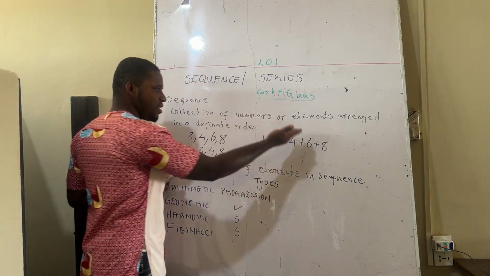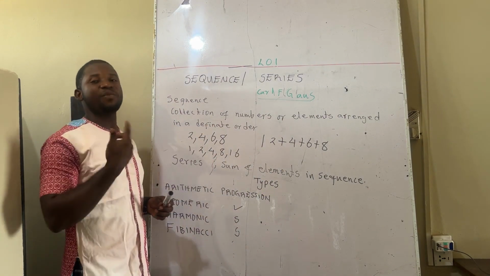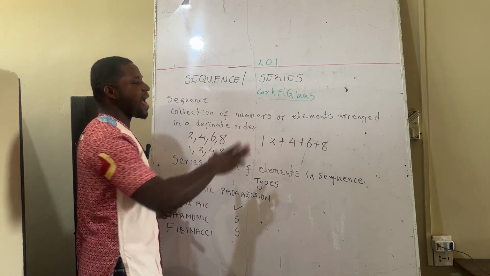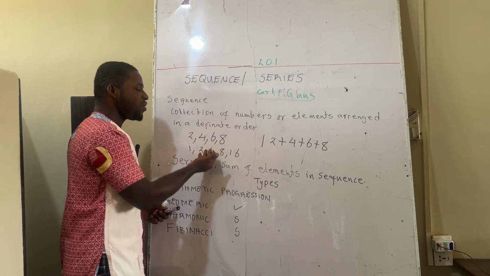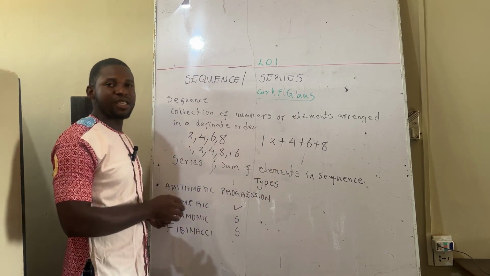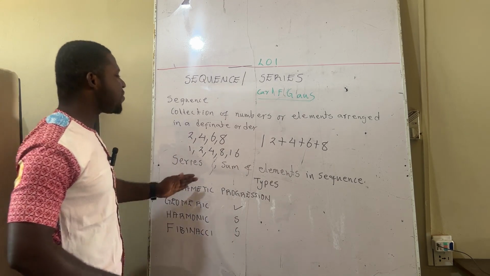This is a sequence, this is a series. In a practical way, for a sequence the terms are separated by commas, but for a series they are separated by the addition symbol. So we can change this to a series by just introducing the addition symbol. Very simple.